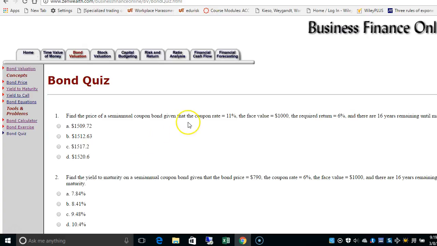So because it's a semi-annual payment, the coupon rate is not 11% in our Excel model. It becomes half, 0.055. The face value is $1,000. The required rate of return is 6%. Because it's semi-annual, it's going to be 0.03 in our Excel spreadsheet. With 16 years remaining times 2, because it's twice a year, there's going to be 32 payments.